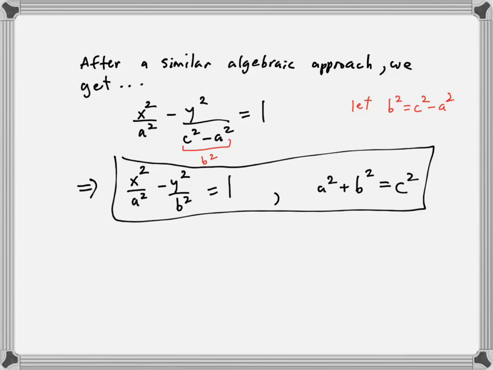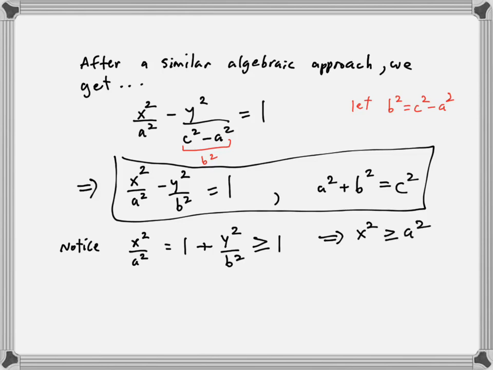So I want you guys to notice something else about a hyperbola, because so far we have not drawn a picture of a hyperbola at all yet. Notice that if we solve for x squared over a squared, this is equal to 1 plus y squared over b squared, which is actually larger than 1. Which means that x squared must be larger than a squared, no matter what x is.